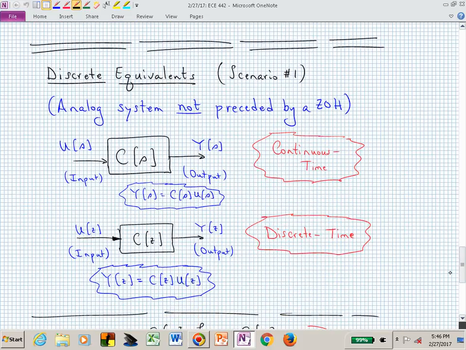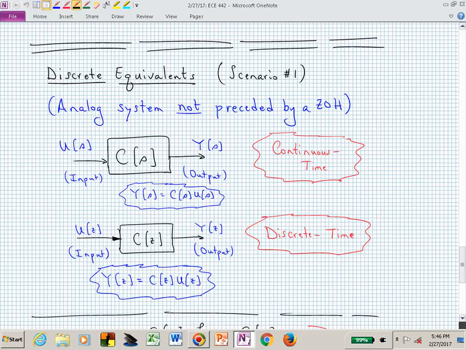Or another way of saying that, here's another block diagram. We're going from an input U to an output Y through some filter or some controller in both scenarios, except one's for the continuous time case, one's for the discrete time case. We want to know how to obtain the capital C of Z given a C of S. Today we're going to start with a C of S that's maybe a first order filter.